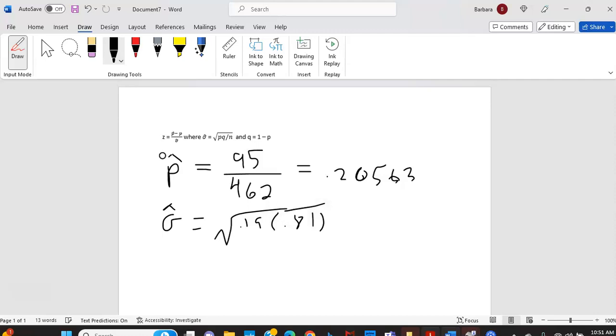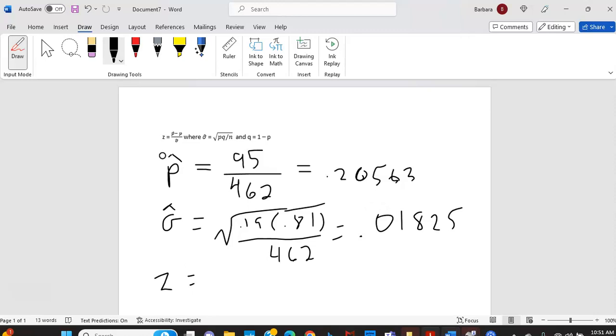And then our n is 462. I'm going to put all of that into the calculator at once. The square root of 0.19 times 0.81 divided by 462 ends up being 0.01825.